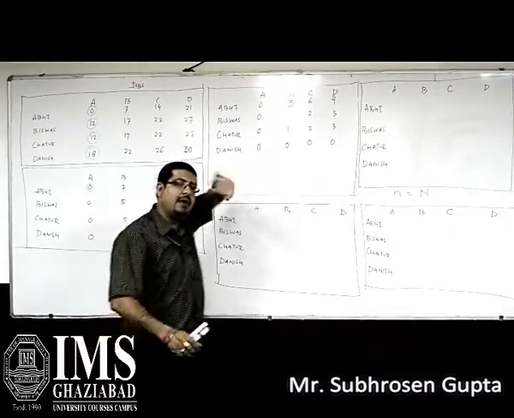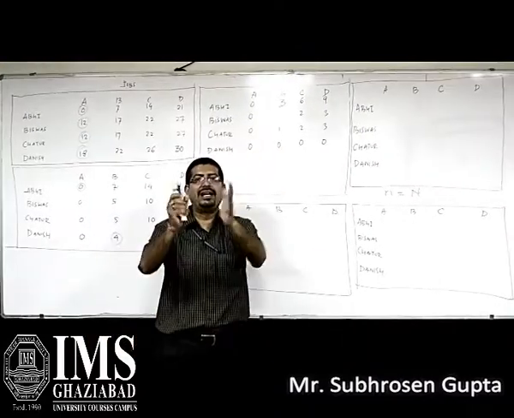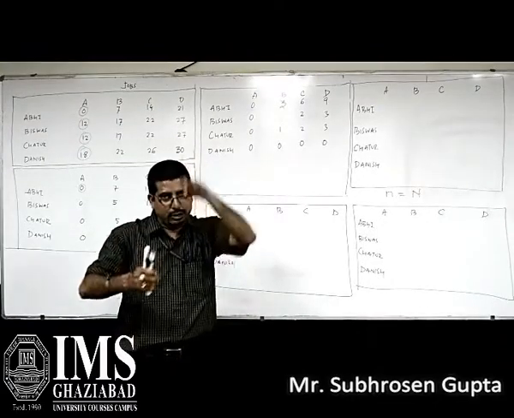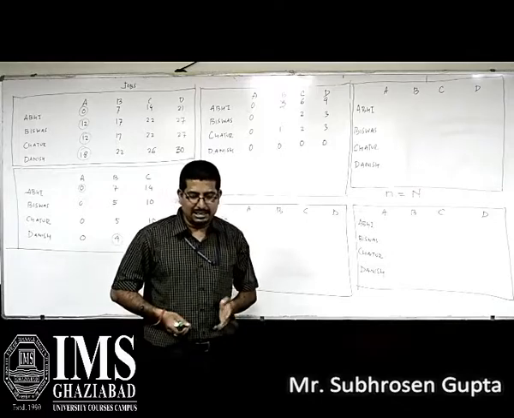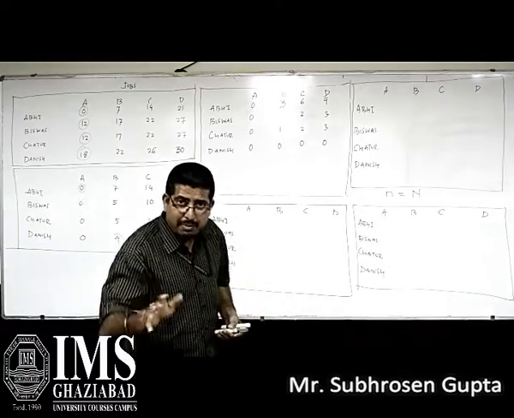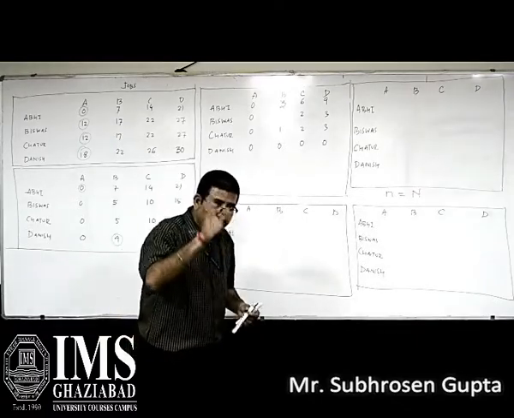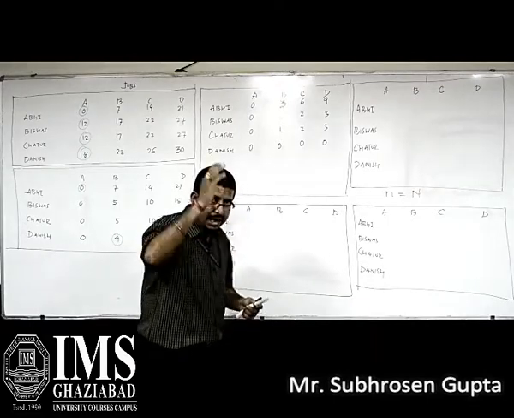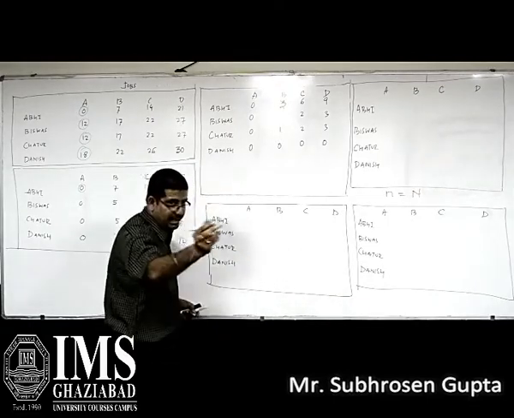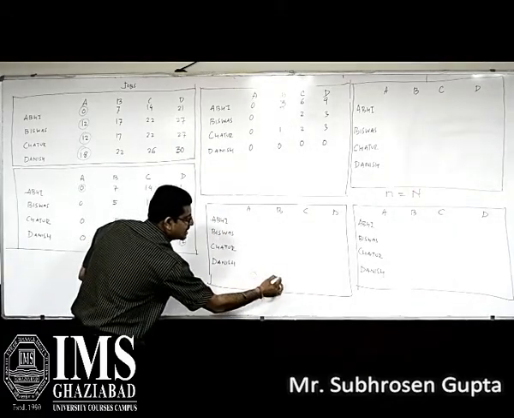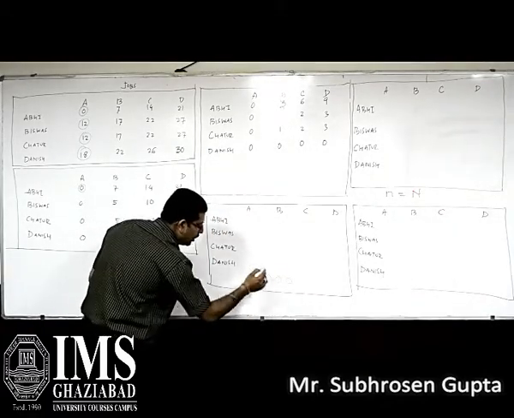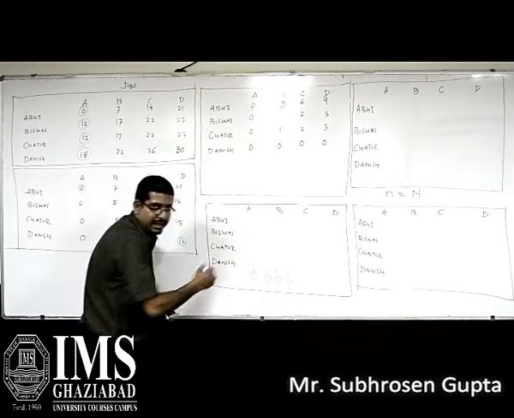Clear? Now what I have told you earlier also, that we need to strike all the zeros with bare minimum lines. There is no definition of bare minimum lines. Don't waste your lines in cutting the zeros like this. Once again, let me remind you, if there are 4 zeros like this, don't use this strategy.